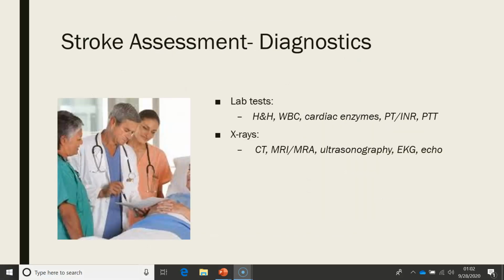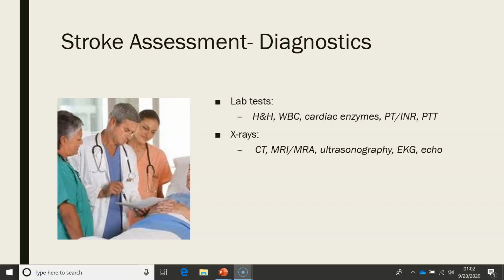During the acute phase of a stroke, some of the diagnostic testing the patient will have are lab works for an H&H, a white blood cell count. They'll have cardiac enzymes, PT/INR, a PTT. They'll also have imaging testing, a CT scan to see where the ischemia is, and if you can see whether or not it's a bleed or whether it's a narrowing.